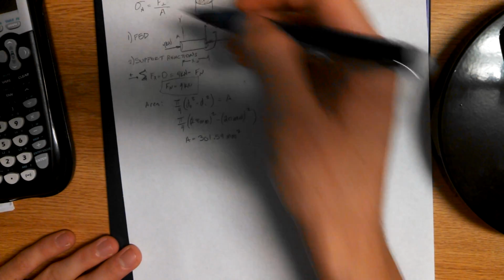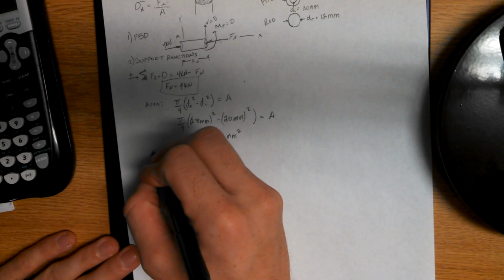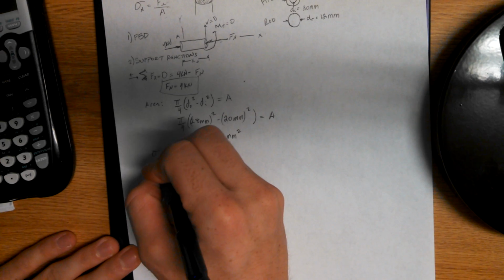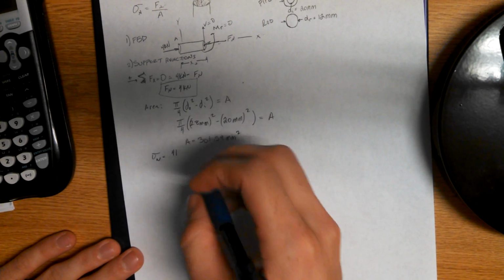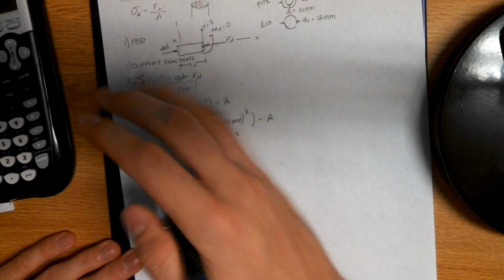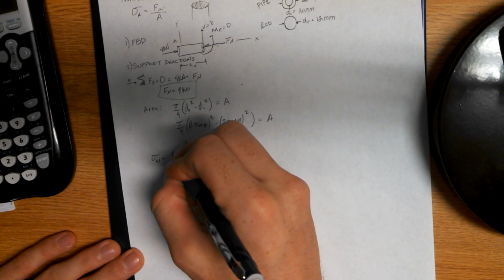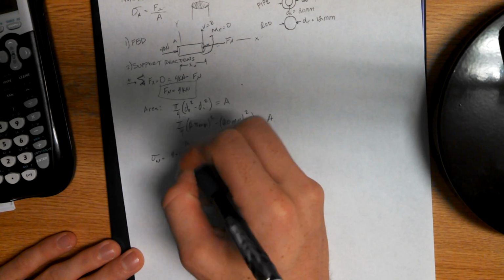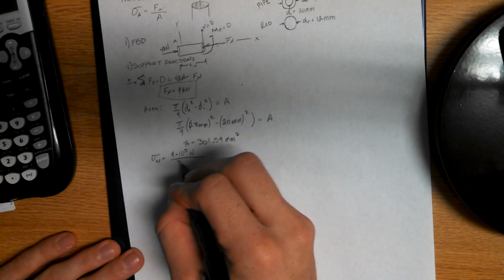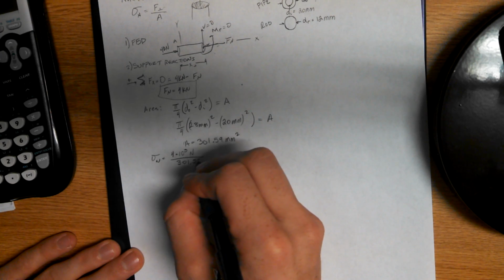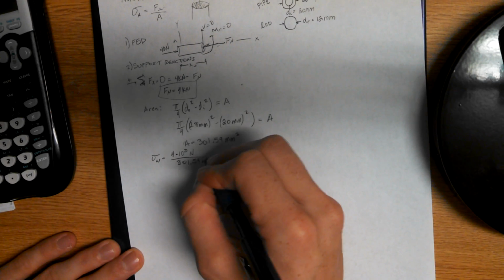So to find the normal stress, we're just going to divide 4 kilonewtons, which is 4 times 10 to the 3 newtons, divided by 301.59 millimeters squared.